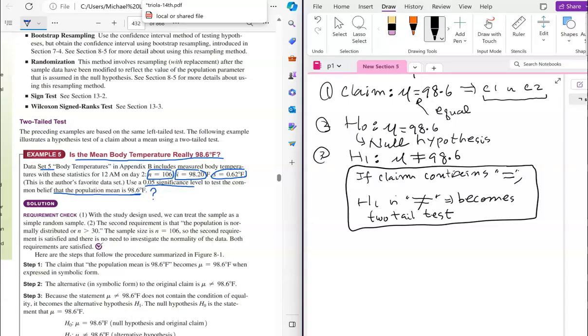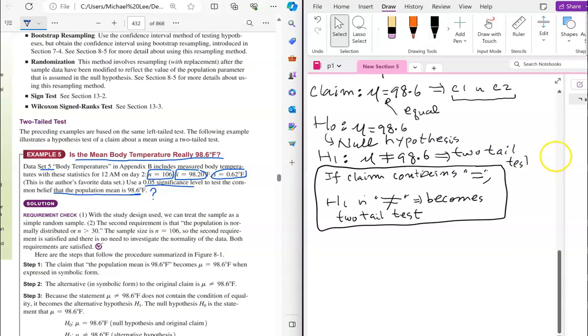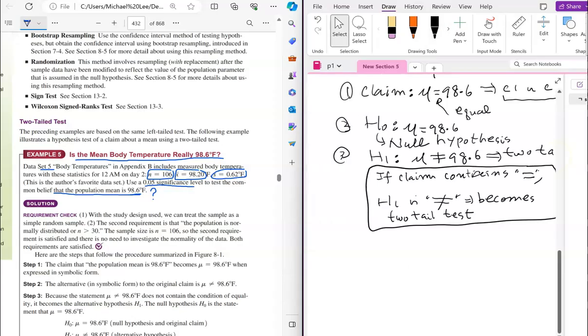Remember, very important, it's not a left tail, it's not a right tail, it's a two-tailed test. If it's not equal, it's two-tailed.